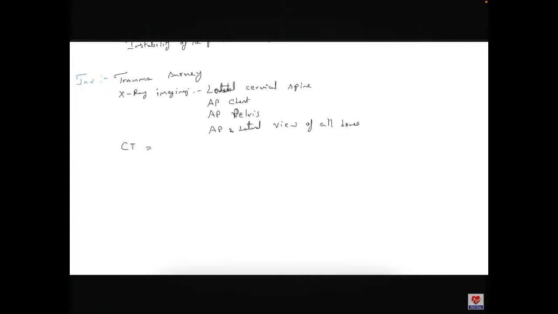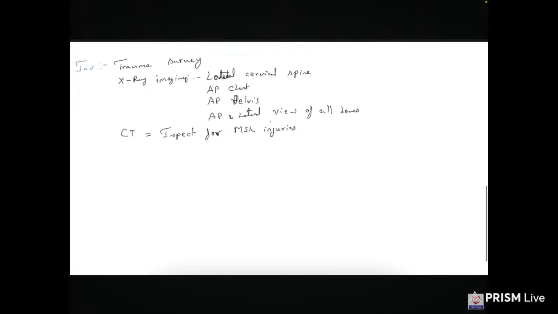In CT scan we can inspect for musculoskeletal injuries. Otherwise, for pelvis we can use views like anterior posterior, inlet and outlet, and acetabular fractures. These things we can see through imaging.